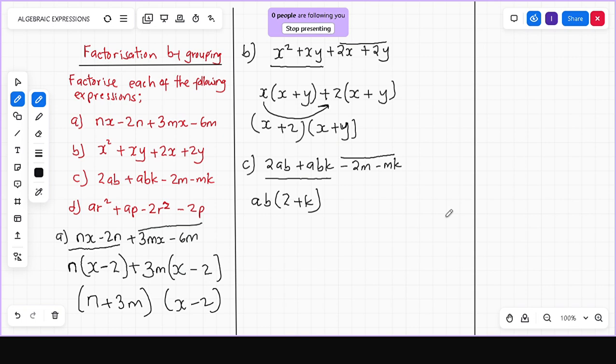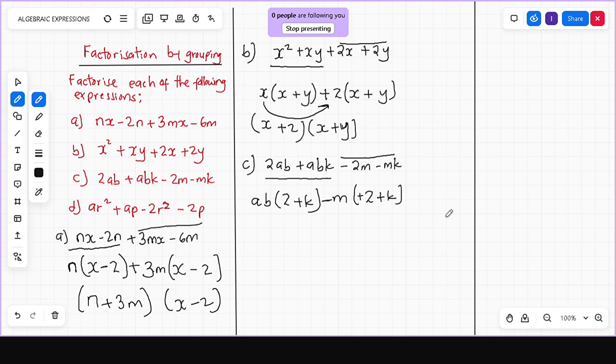Then this negative sign comes here. Then 2m and mk, the common factor here is m. We have taken the negative sign, so the negative sign will divide by a negative, and a negative divided by a negative gives a positive sign. 2m divided by m gives 2, plus, mk divided by m is k.